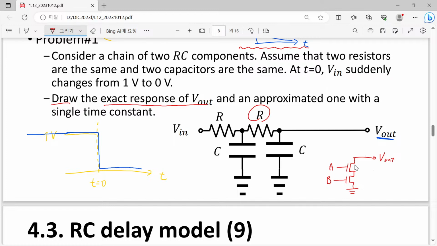This R corresponds to the contribution from this one, and this R will be related with this R. Here we have a capacitance originated from the diffusion capacitance between transistor A and B, which corresponds to this one. And here we have an output capacitance, which originates from transistor A and also its PMOS part.